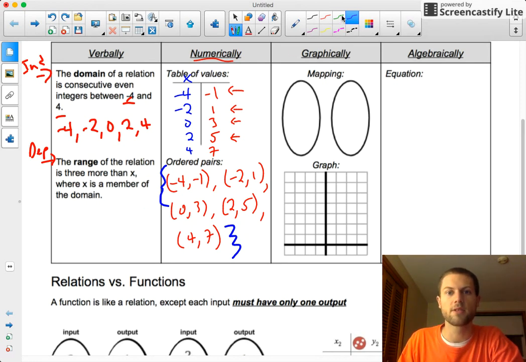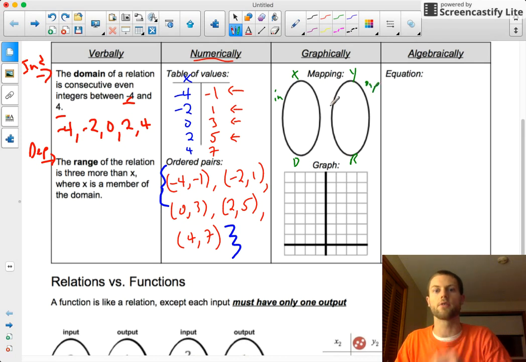In this same set, or the same relation rather, we could describe the relation graphically by using a map. The way the map works is it's kind of like the table where we have our x values and our y values, or our domain and our range. We can call these also the inputs and the outputs, all kind of linked together, those terms.